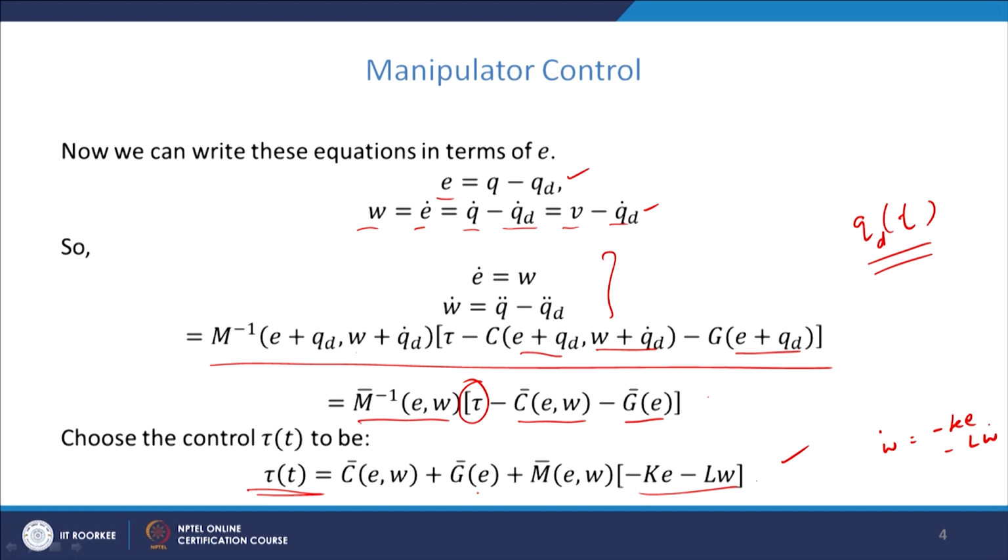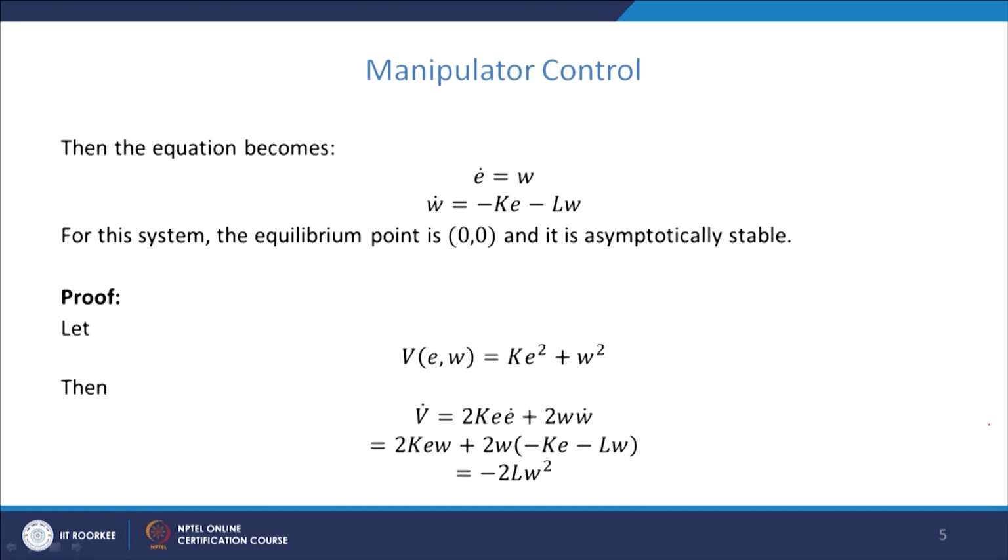So, what we get is the error system: E dot is equal to W and W dot is minus KE minus LW. It is a very simple system of differential equations, and we can easily verify that 0 0 is the equilibrium point. If you equate the right hand side to 0, we will get W equal to 0, and putting it in the second equation we get E equal to 0.